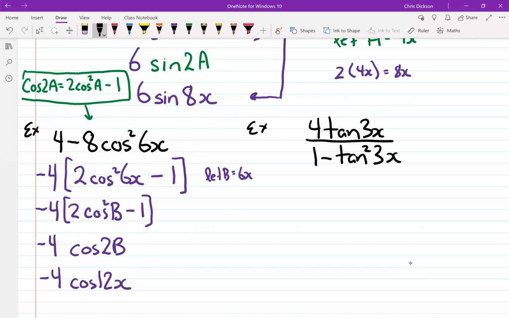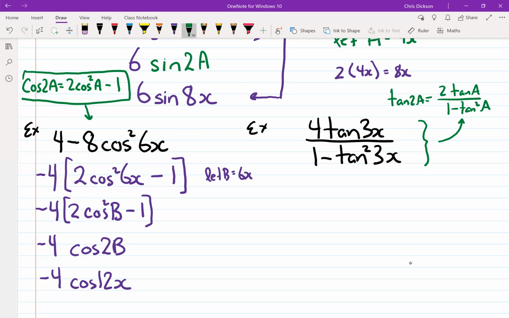So if we go down to our double angle identity for tan, we see that tan of 2a is 2 tan of angle A all over 1 minus tan squared of A. So you can see that this part here looks a lot like that part over there, except there's a 4 here, and a 3x instead of an A.